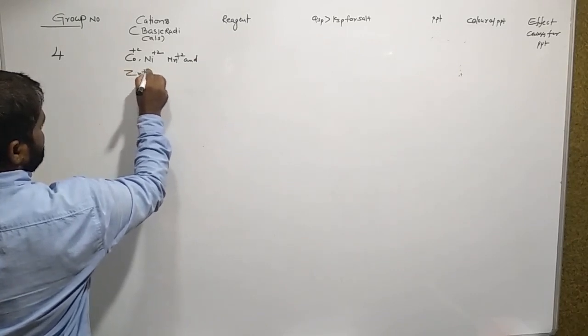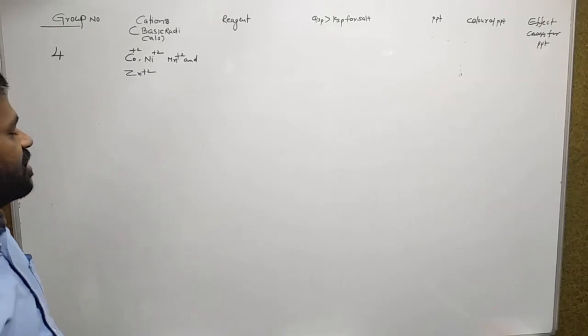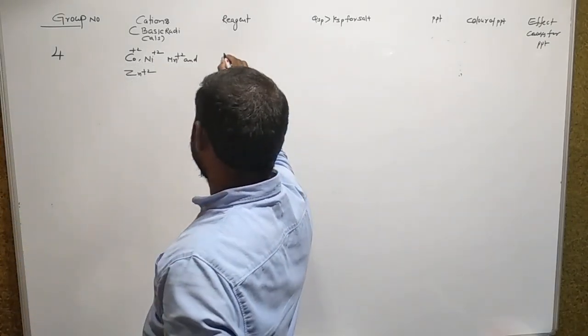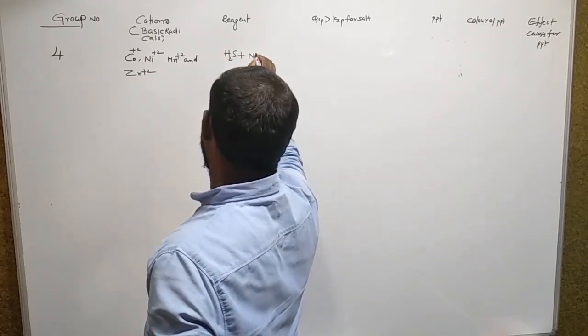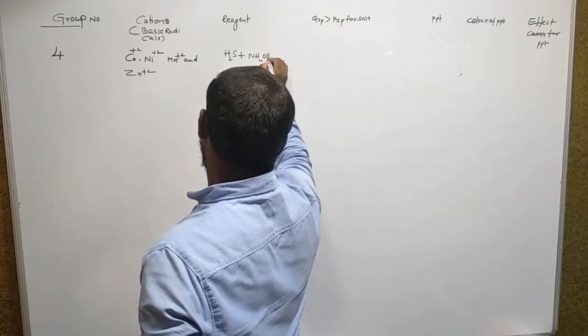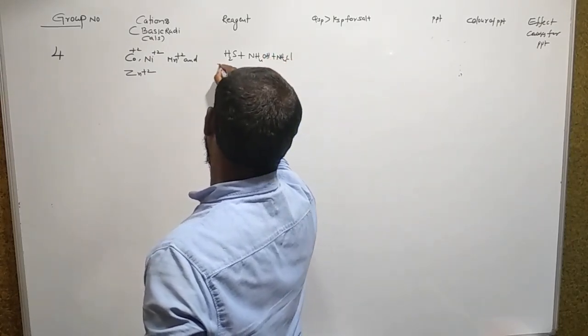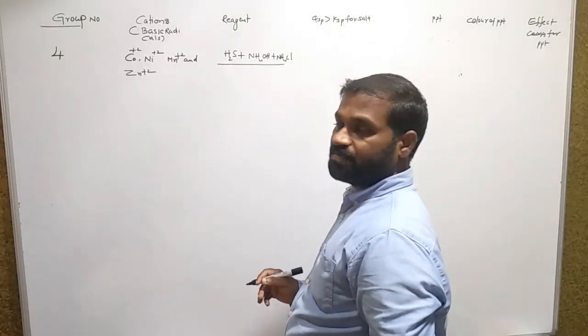Cobalt, nickel, manganese and zinc. These are the fourth group basic radicals. And what is the reagent used here? H2S in the presence of ammonium hydroxide and ammonium chloride. This is the fourth group reagent. Is it clear?